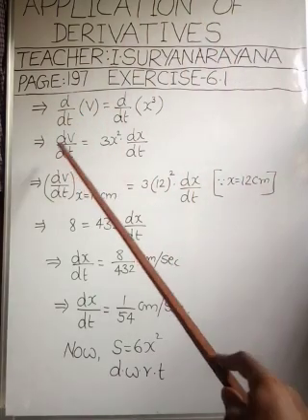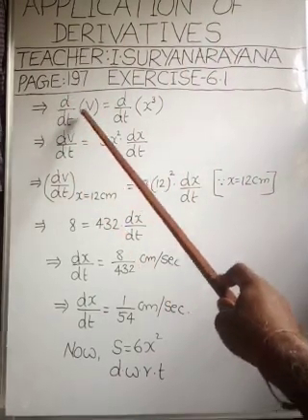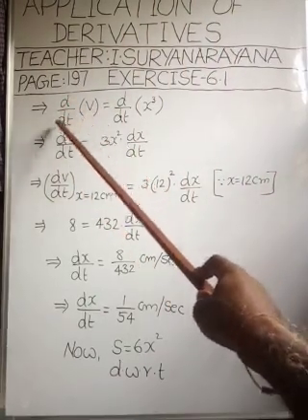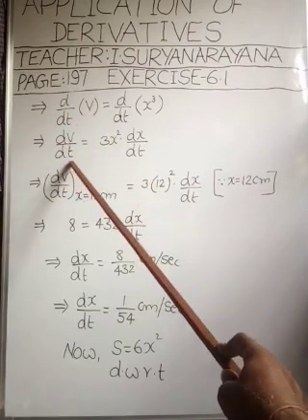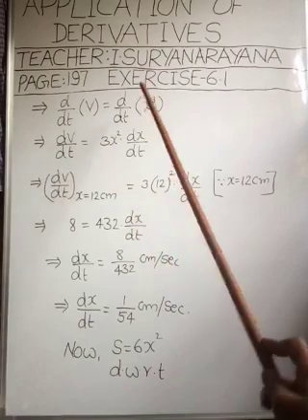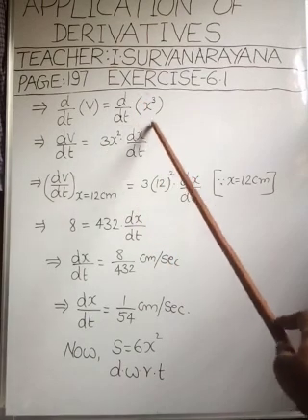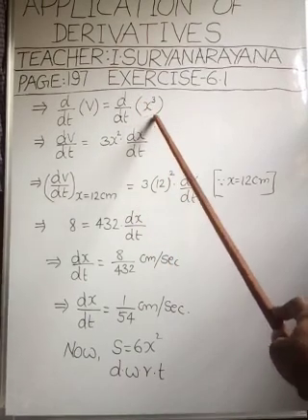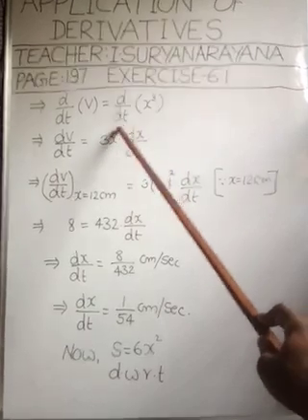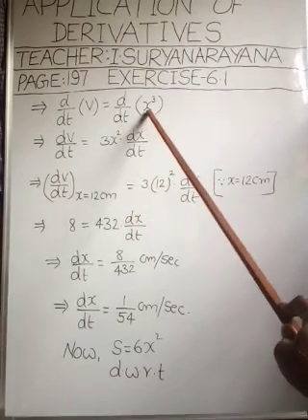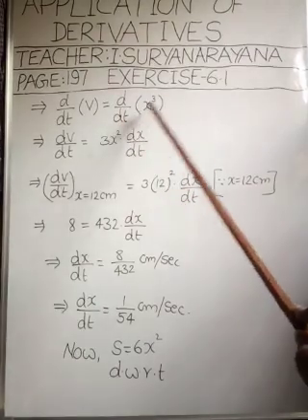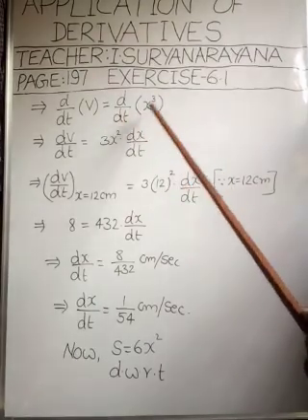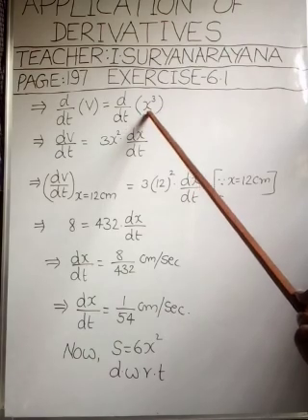Right. This implies in the LHS, d by dt of v is there. What is the value of d by dt of v? dv by dt. Understood this LHS part, my children? Right. Is equal to, come to the RHS part, d by dt of x cube. Here we have to use the chain rule because the variable is x, here the variable is t. So it is in the form of d by dx of x power n.